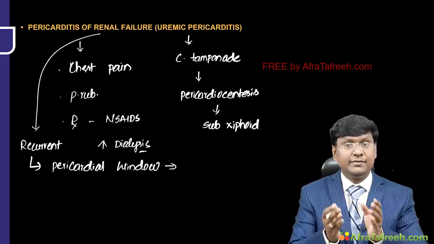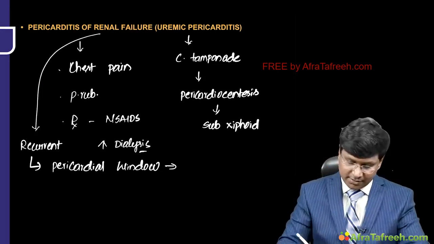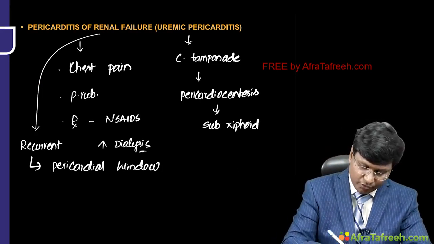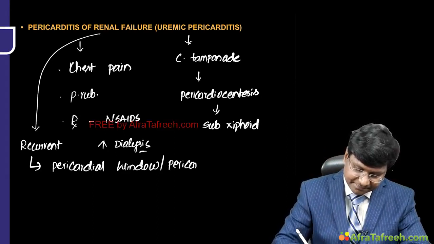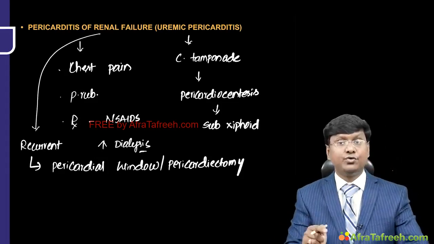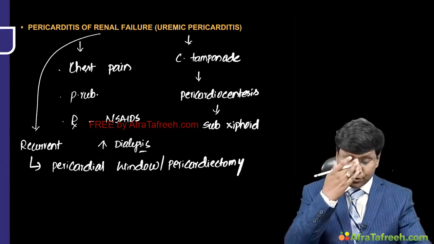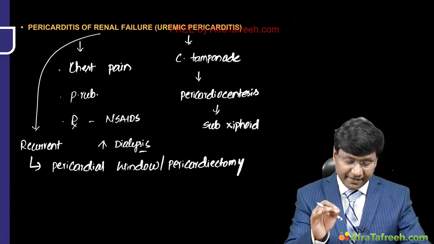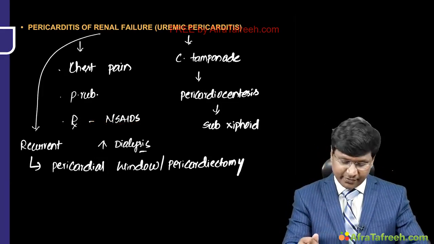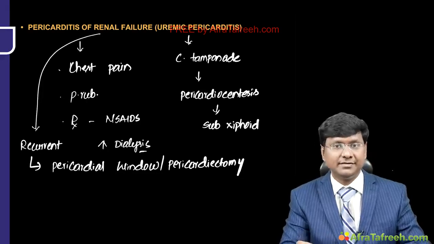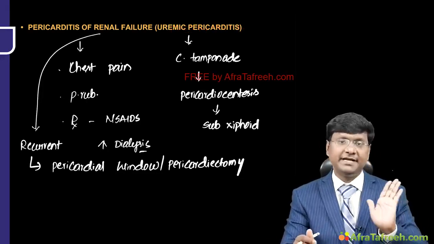Or you have to do pericardiectomy. So when will you do that? When the pericarditis of renal failure is recurrent or persistent, you create the pericardial window, or pericardiectomy should be done. So this is about your uremic pericarditis.